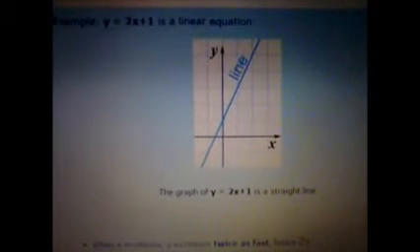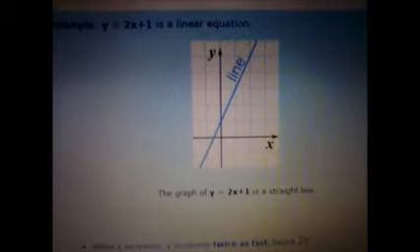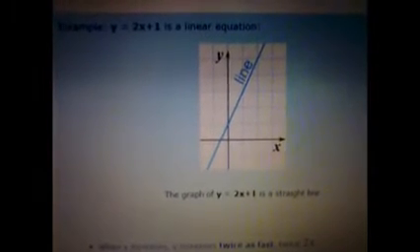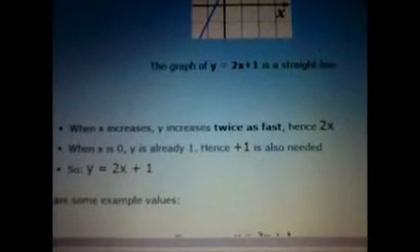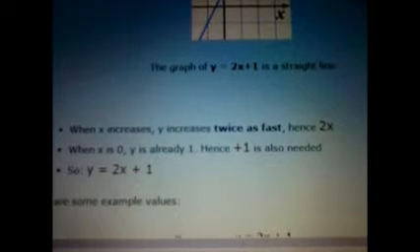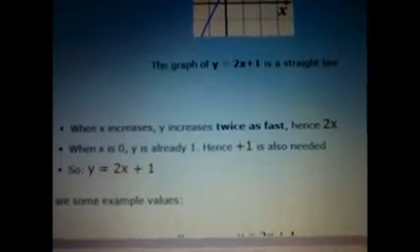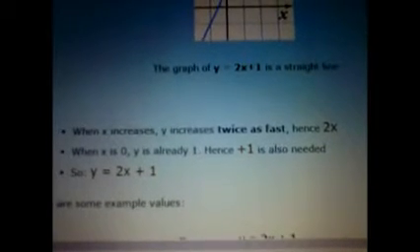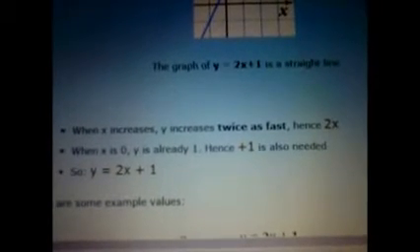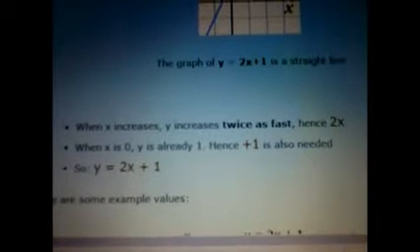The graph of y is equal to 2x plus 1 is a straight line. That is, when x increases, y increases twice as fast, hence 2x. When x is equal to 0, y is already 1, hence positive 1 is also needed. So, y is equal to 2x plus 1.